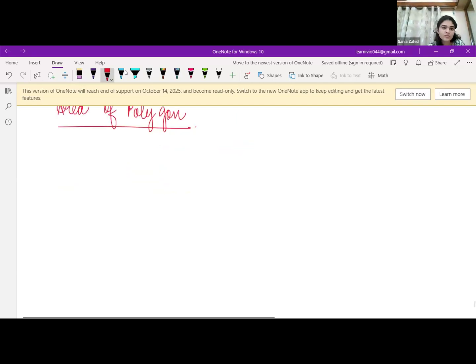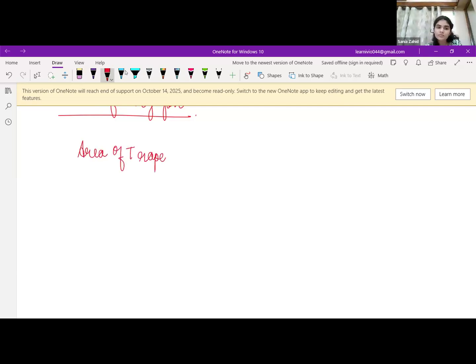Okay, so all of you look here now. For example, the question says the area of a trapezium shaped field. Can someone tell me now the area of trapezium? I discussed it in the last class. Children, what is the area of trapezium? Don't remember?